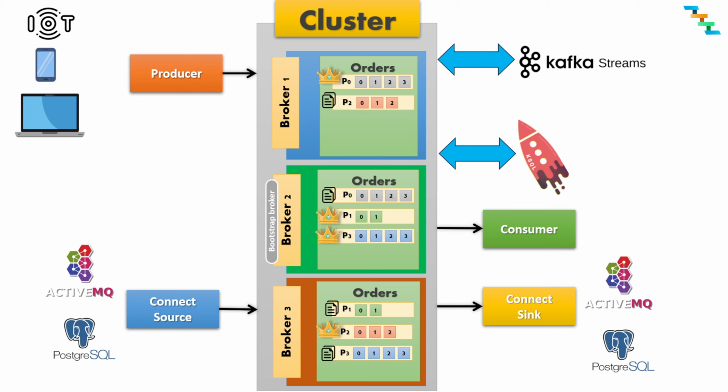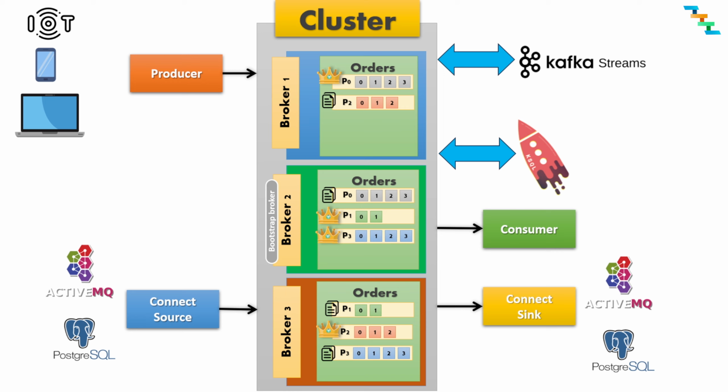For each partition, if you have a replication factor set, then you will see an in-sync replica or out-of-sync replica. The in-sync replicas are the ones that get the message whenever it comes to the leader replica. For example, here for the orders topic, we have 3 partitions and each partition has a replication factor of 1.